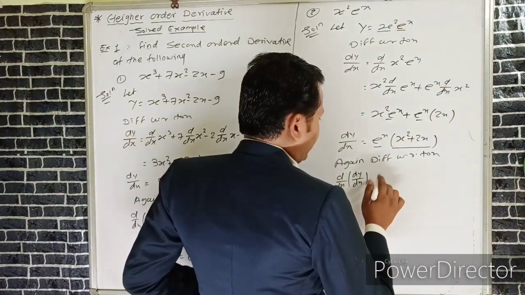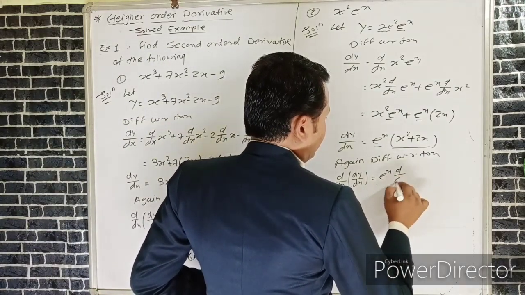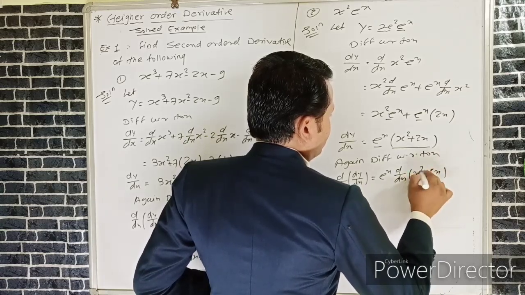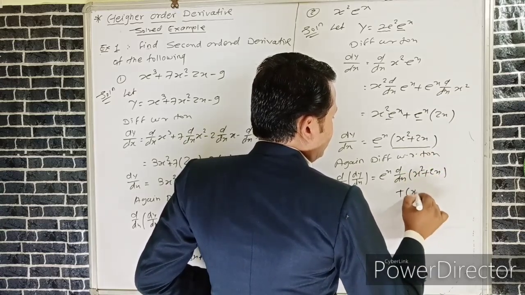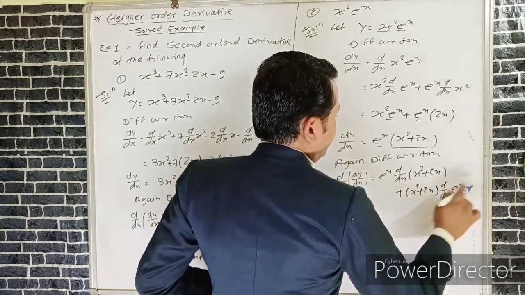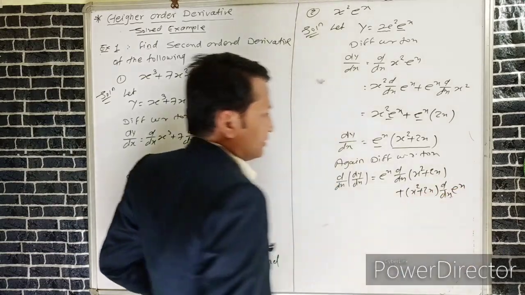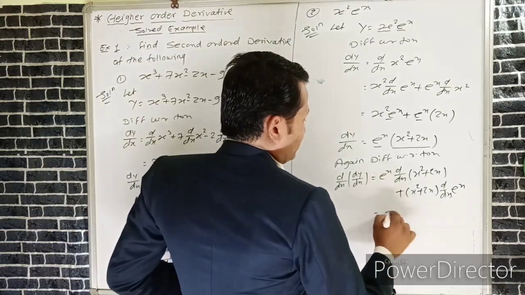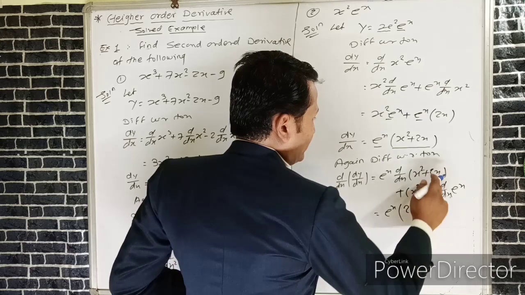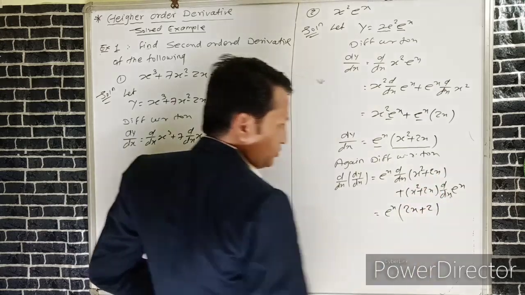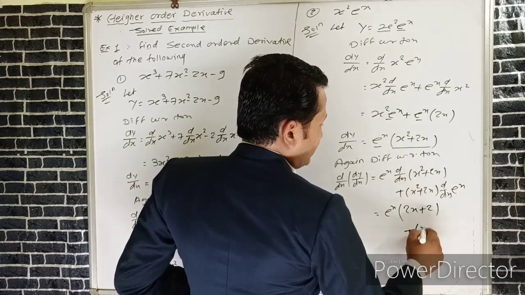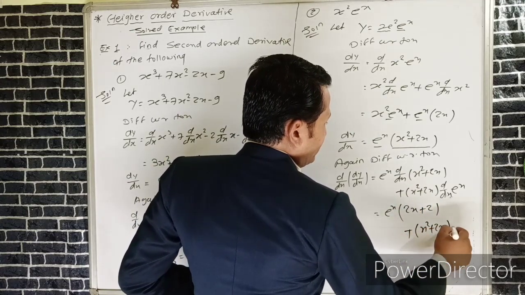Now we take e to the power x into the derivative of x square plus 2x, plus x square plus 2x into the derivative of e to the power x. It is clear that e to the power x stays as it is, the derivative of x square is 2x plus, again, the derivative of 2x is 2.